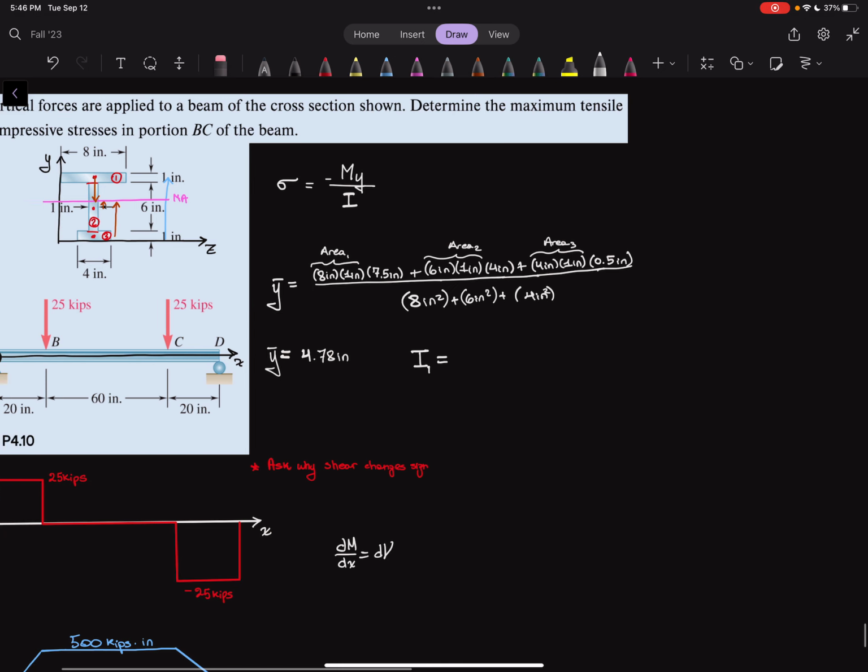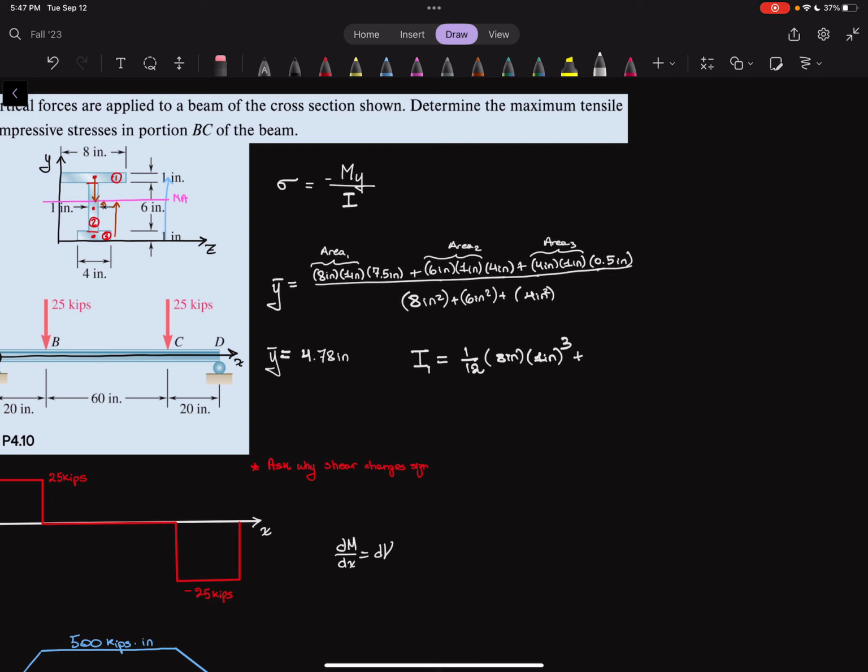Well, what's I1? I1 is going to be 1/12 from the centroid of this specific shape 1, times the base, which is 8 inches, times the height, which is 1 inch, all to the third.